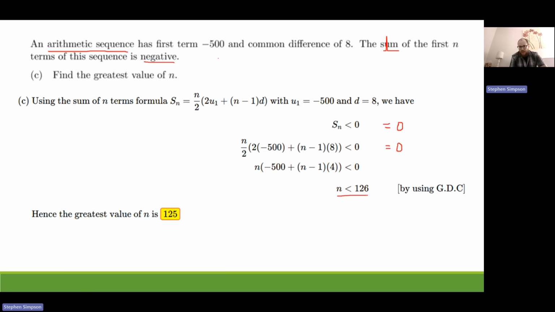So the next integer down is 125. And if you solve this as equal to 0 and you got n equals 126, that would tell you that the 126th term actually makes the sequence add up to 0. And so, round down.